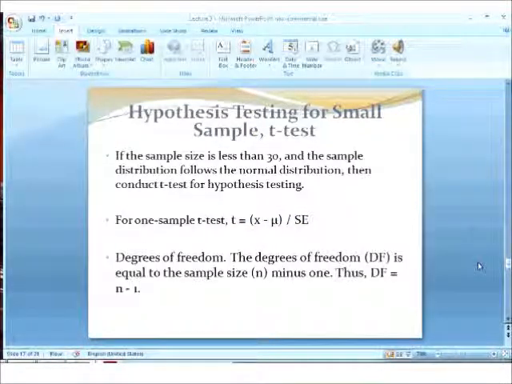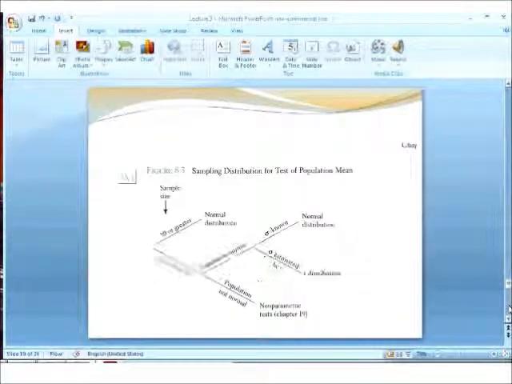Now, as I mentioned, most of the software that you will find, you won't see a z-test in there. The reason is that when the sample size is large enough, more than 30, the t-distribution approximately follows the z-distribution. So we don't have to have a z-test and a t-test separately. You can conduct a t-test when your sample size is less than 30.